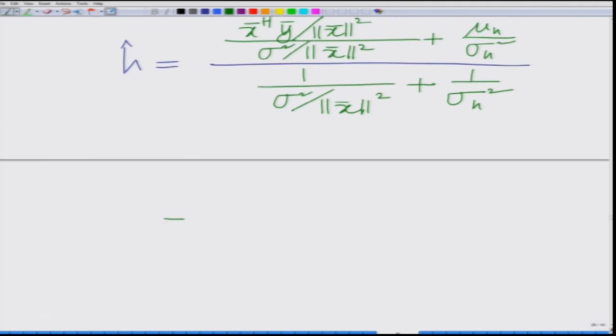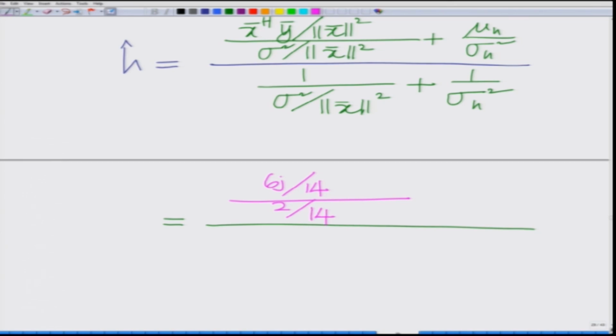Now substitute the quantities we calculated: 6j divided by 14, divided by 2 divided by 14, since sigma square is 2 and norm x bar square is 14, plus mu h, which is 1 plus j, divided by sigma h square, which is 1.